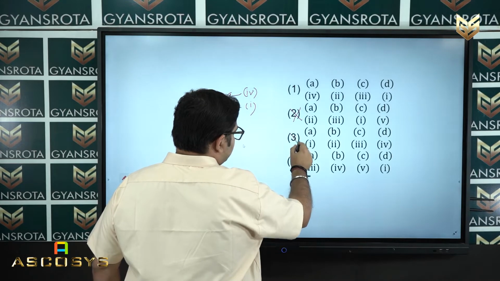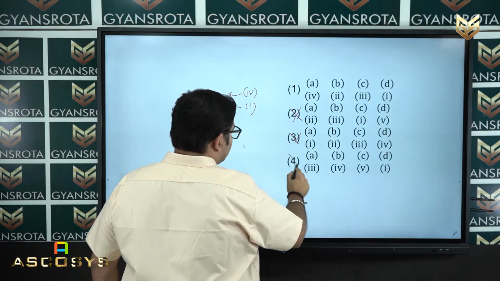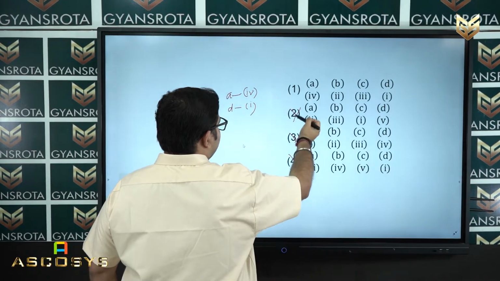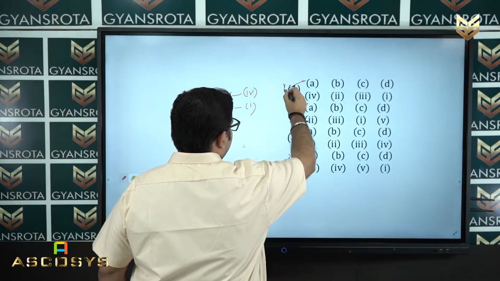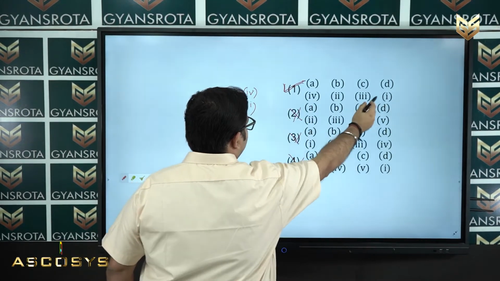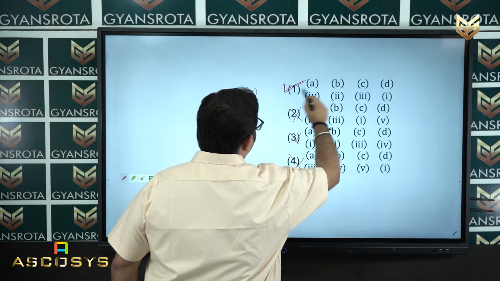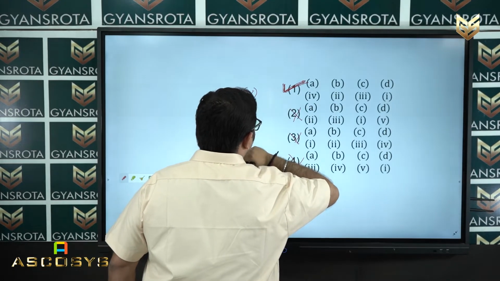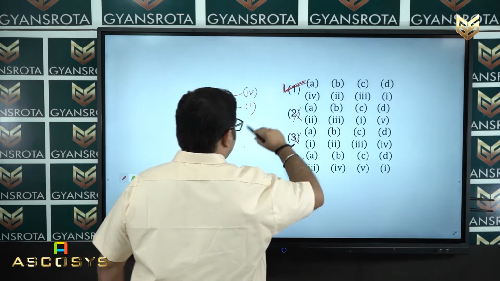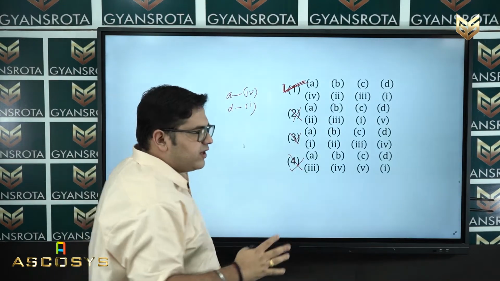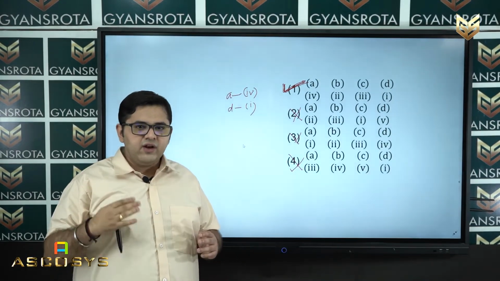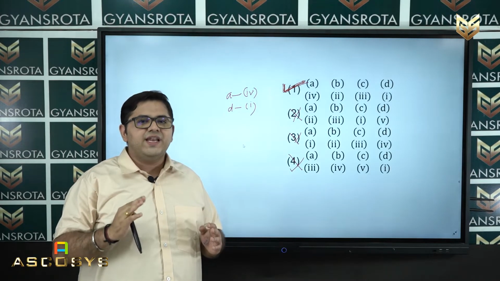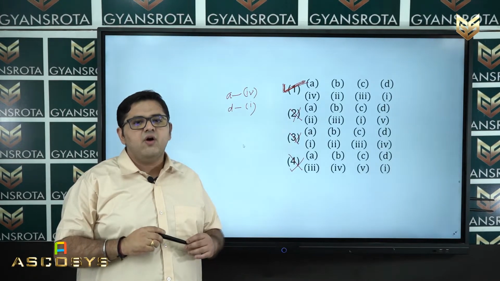Here A 1, no, this is not possible. Here A 3, not possible. So, which one is left out? That is option number 1, A 4, and D also matches with 1. So, option number 1 is the correct answer of this question. So, even if you do not know the remaining, if you know 1 or 2, then also you can solve it by eliminating the options.